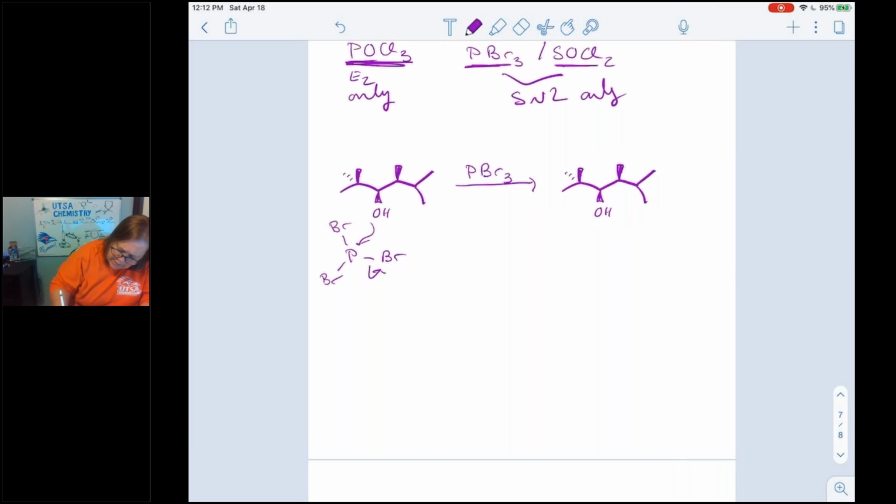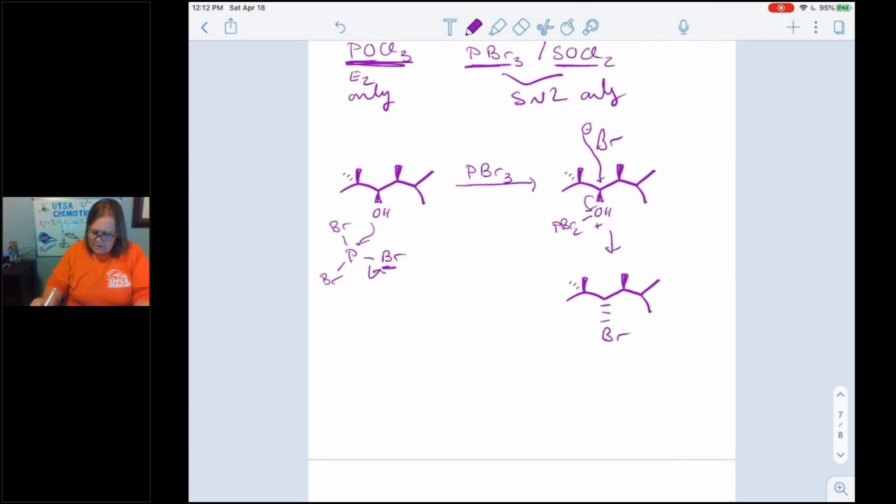This entire species here is my leaving group. The bromide that I formed in this step is going to come and do a backside attack. Very slow backside attack, but a backside attack nonetheless. And so this right here will be my only product, and I have stereoselectivity.